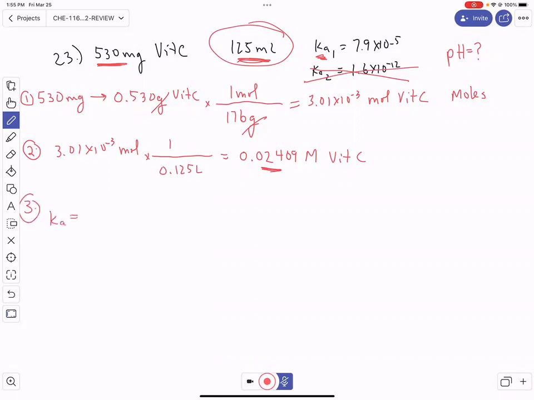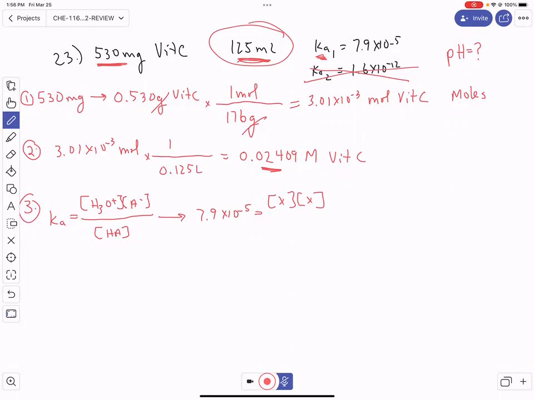So we know, right, Ka is hydronium times the conjugate base all over my weak acid, right? I know Ka1, 7.9 times 10 to the minus 5. I don't know hydronium. I don't know the conjugate base, right? But they should be the same.